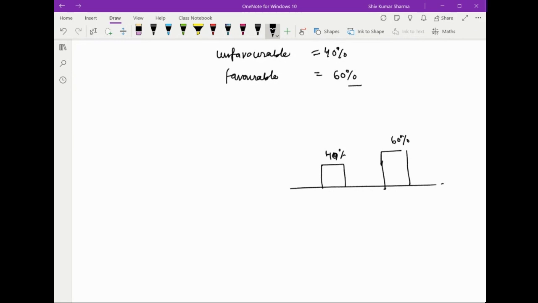These 60% cases we denote as success, and unfavorable we denote as failure.